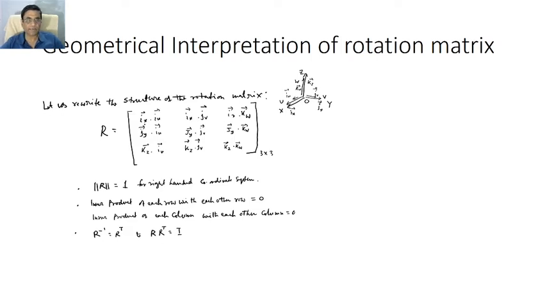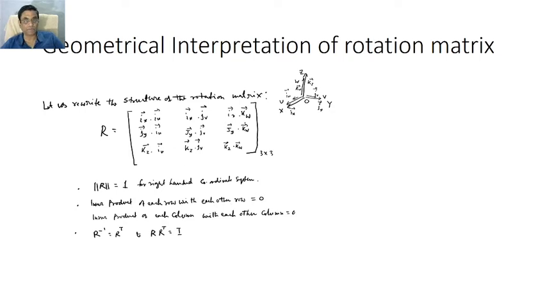So what you see, first of all, is the determinant, and these are all unit vectors, right? The determinant will be equal to 1 for a right-handed coordinate system, and minus 1 for a left-handed coordinate system, but the more prominent one is the right-handed coordinate system, so we should try to remember that. You can verify with any rotation, maybe about the x-axis by some angle. Also, the inner product of each row with each other row will be 0.